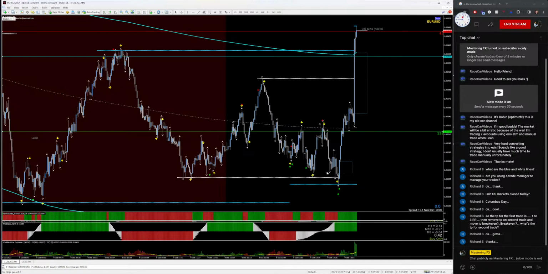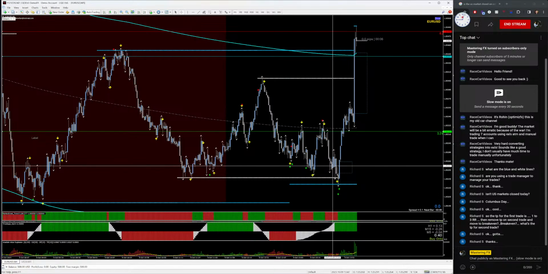But this is the reason why I use my entry model here, because you can see price never came back. And we definitely hit 1, 2, 3 and the profit target here. But the fair value gap just tagged like a tenth of a pip into this one here. And I'm sorry, this is way too much of a stop loss from here to here. It never came back to the extreme fair value gap. That's why I use my own entry model for this.